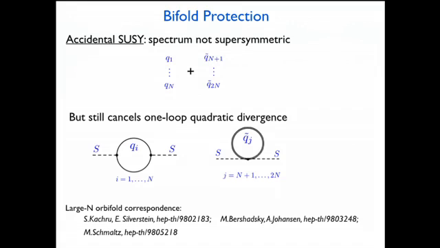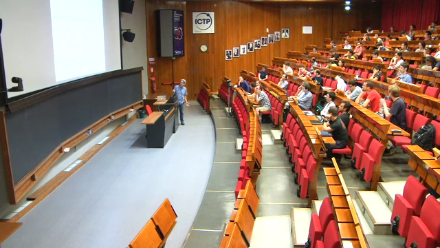So this is the mechanism of bifold protection, and it's inspired by the large N orbifold correspondence that was proposed by these people almost 20 years ago. So this allows us to construct a theory that has at one loop no quadratic sensitivity in this singlet, in this scalar particle, but it's not supersymmetric.